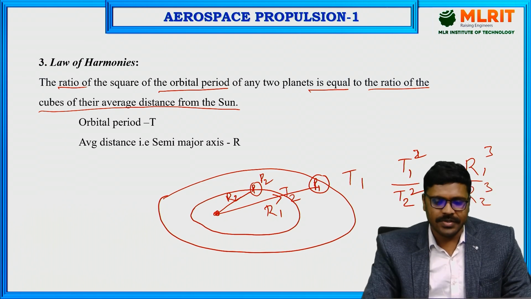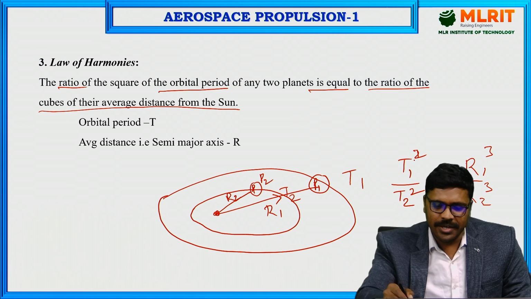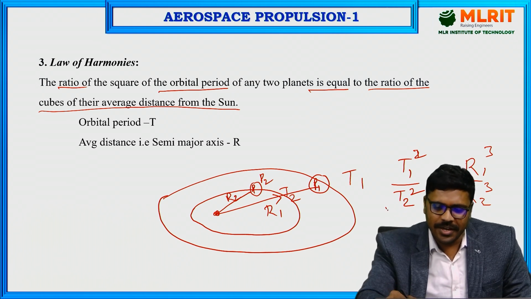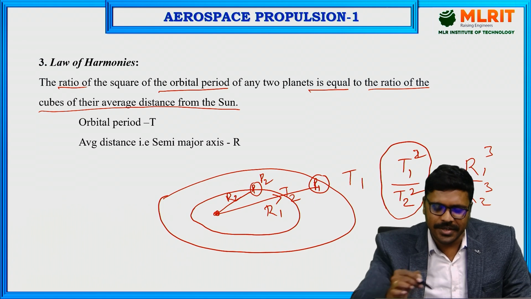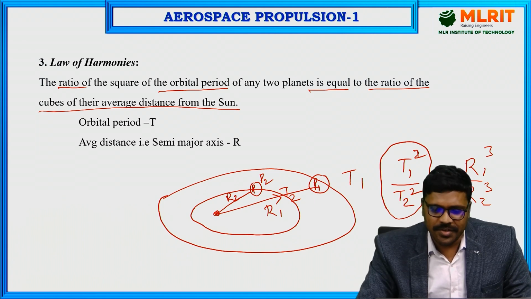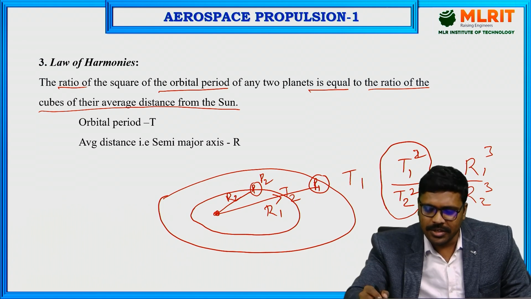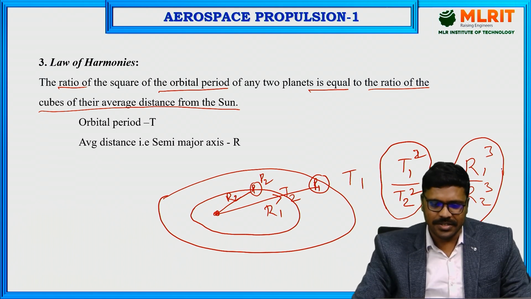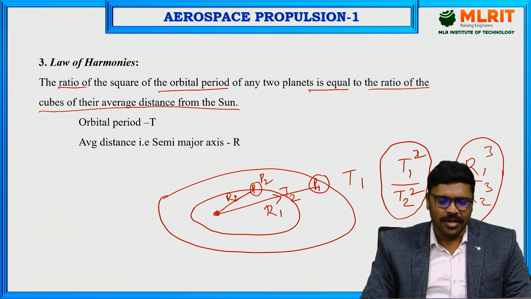According to this law of harmonies, T1 square by T2 square is equal to R1 cube by R2 cube. The ratio of the squares of the time periods is equal to the ratio of the cubes of the average distances. This is called the law of harmonies.